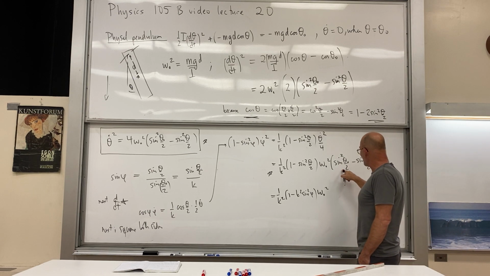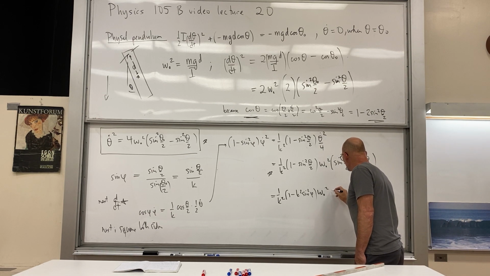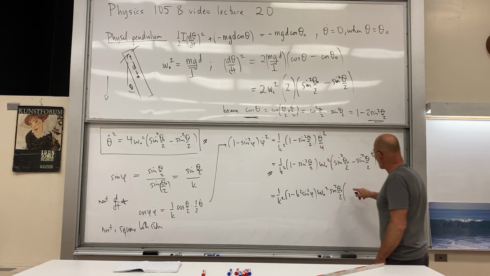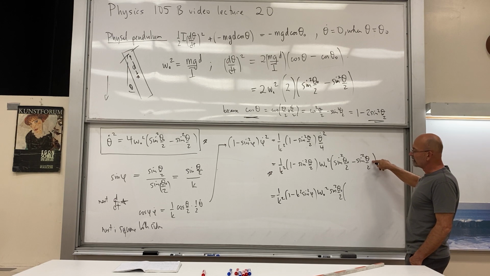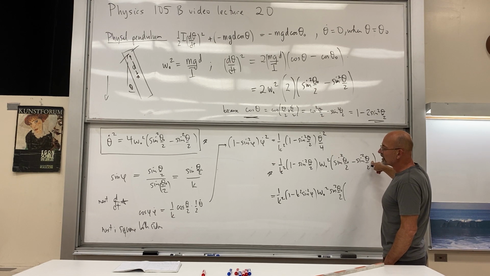So we'll pull out a sine squared theta naught over 2, and we'll have 1 minus sine squared theta over 2 over sine squared theta naught over 2.